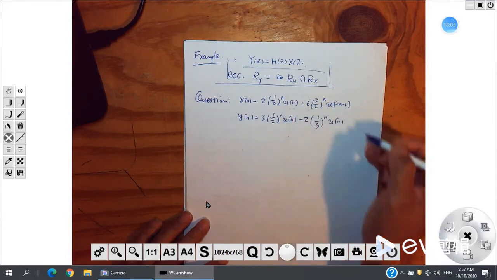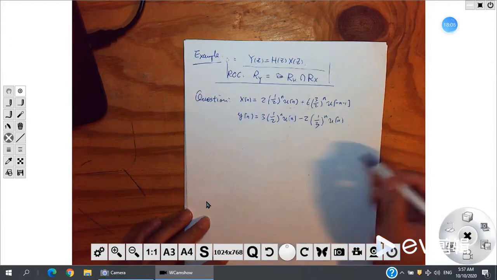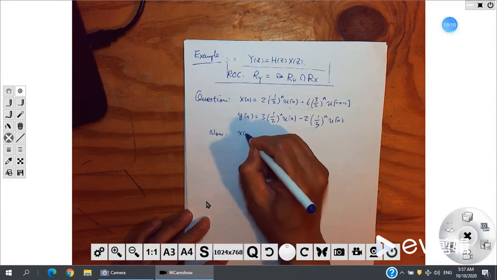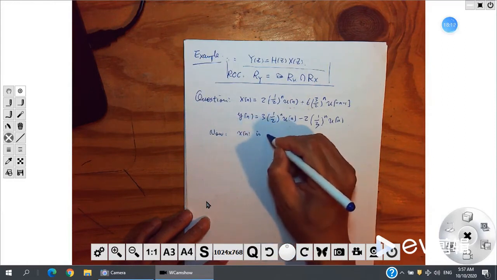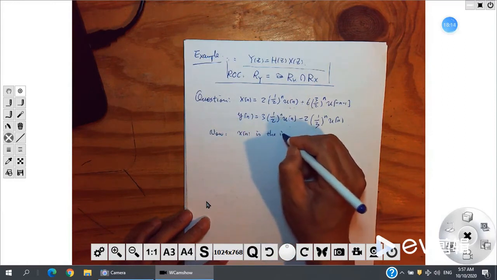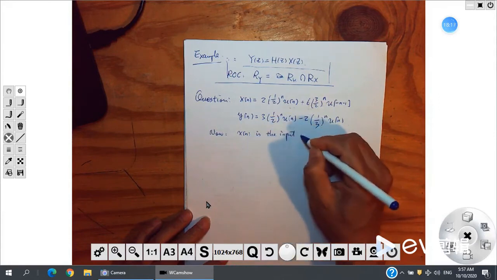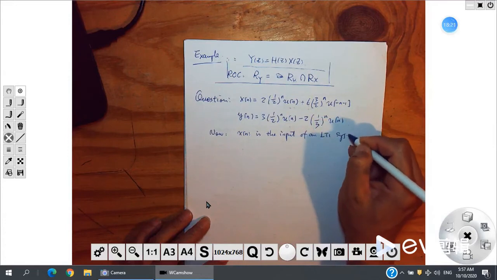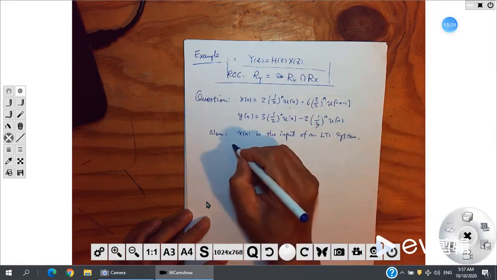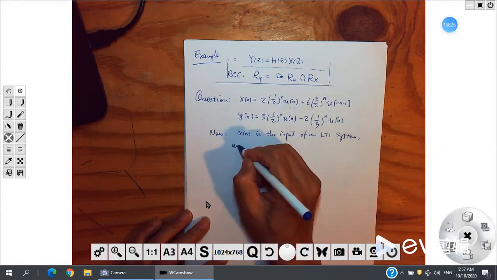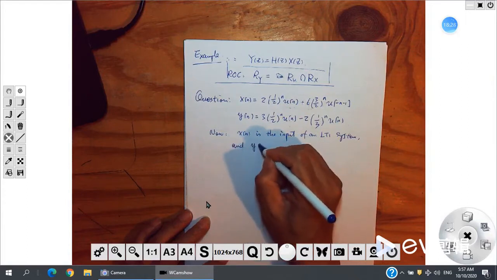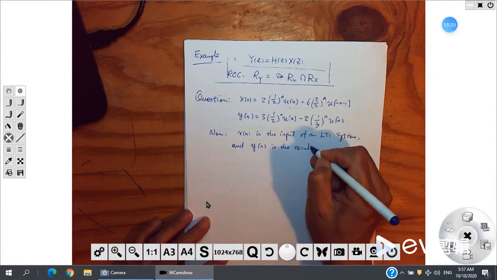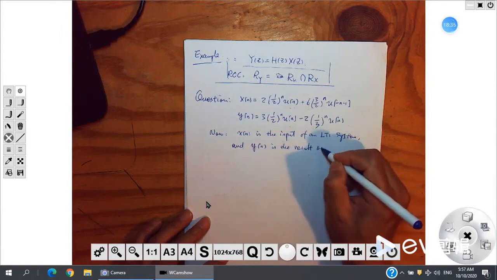Now suppose we have two signals. x of n is the input of an LTI system, and y of n is the result, the output.